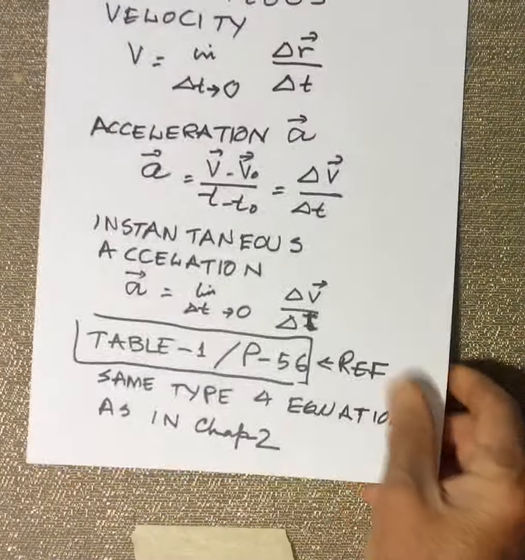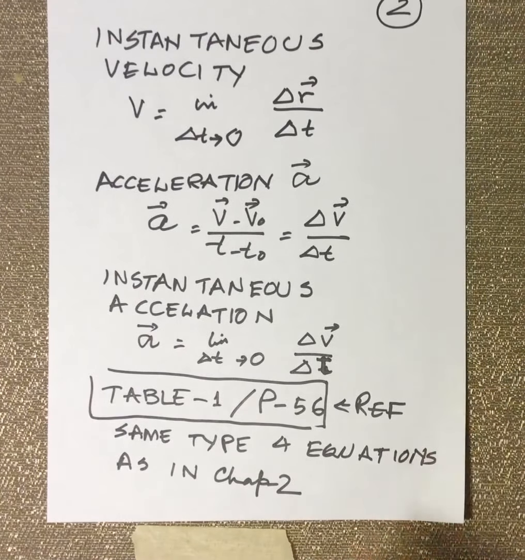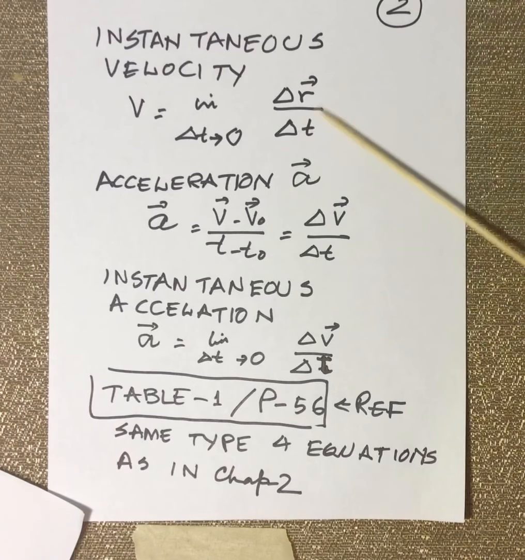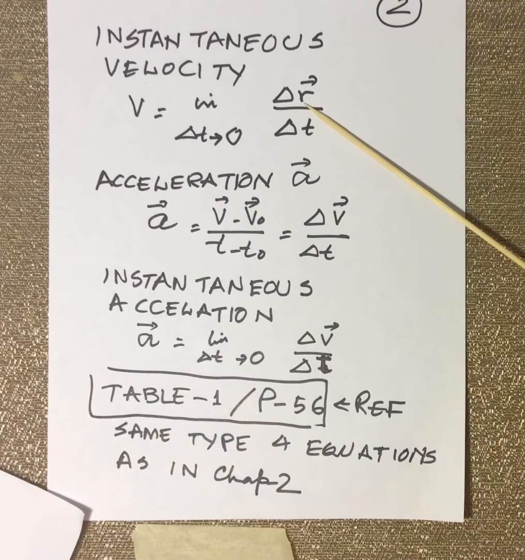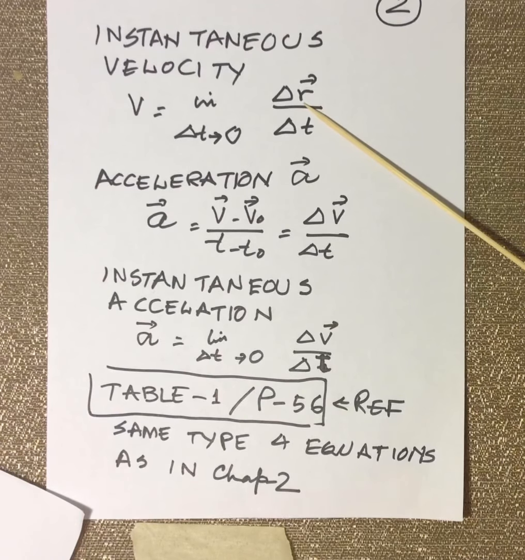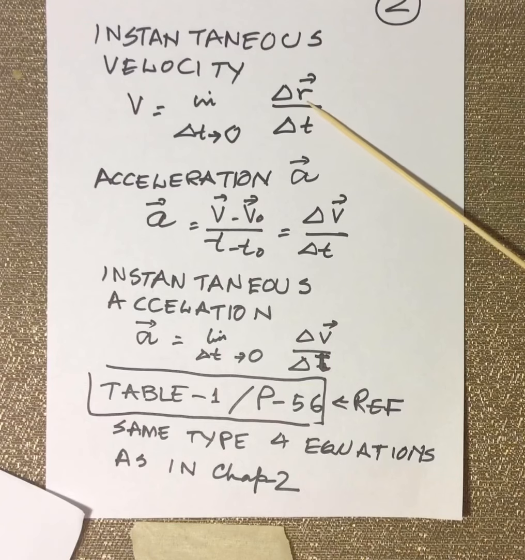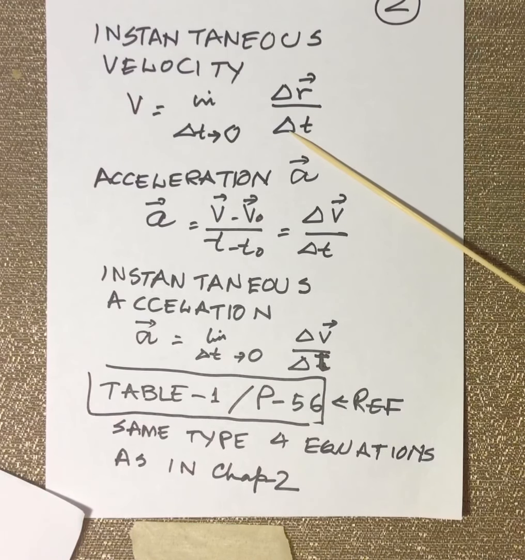Now we'll move on to the next topic, which is instantaneous velocity, which is similar to the one you had in chapter 2. v equals the limit as delta t tends to 0 of delta r over delta t.